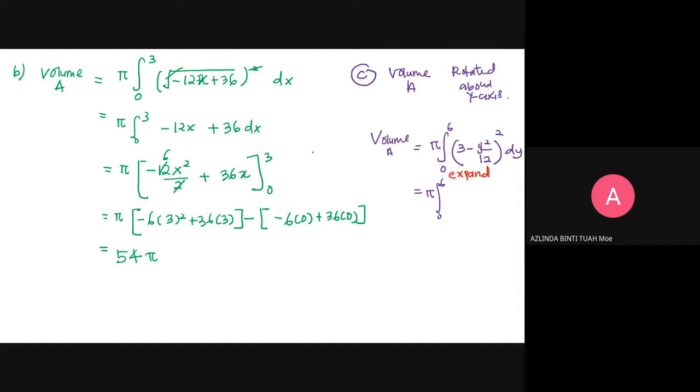Put a note here: you cannot use the rule for (ax plus b) to the power of n dx, where you simply add 1 to the power and divide by (n plus 1) times a.